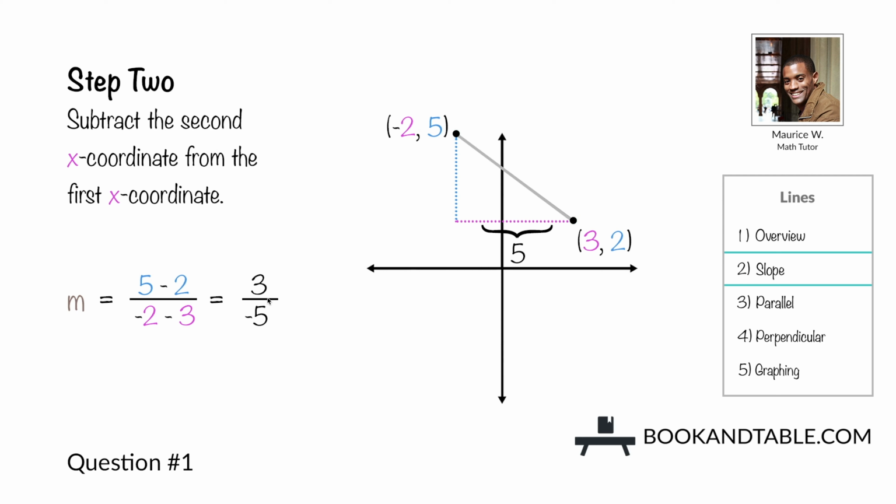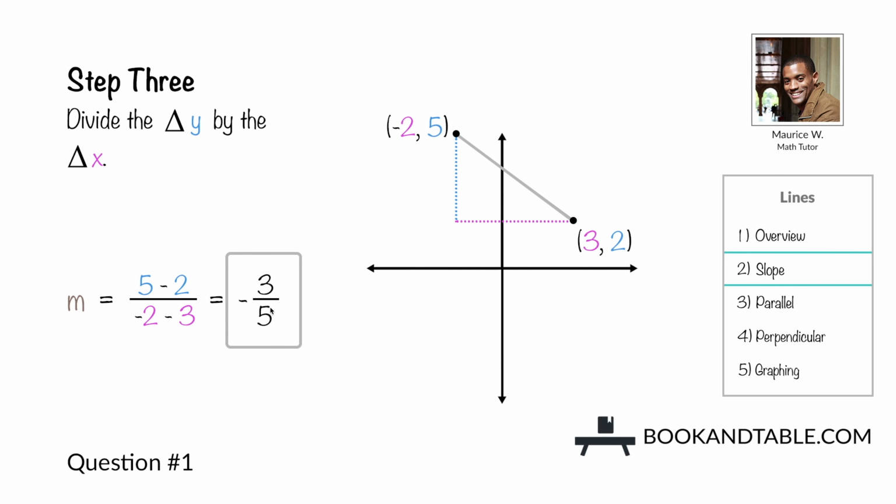Step 2, subtract the second x-coordinate from the first x-coordinate. So that gives us -2 minus 3, which gives us -5. And now step 3, divide the change in y by the change in x. 3 divided by -5 gives us -3/5.